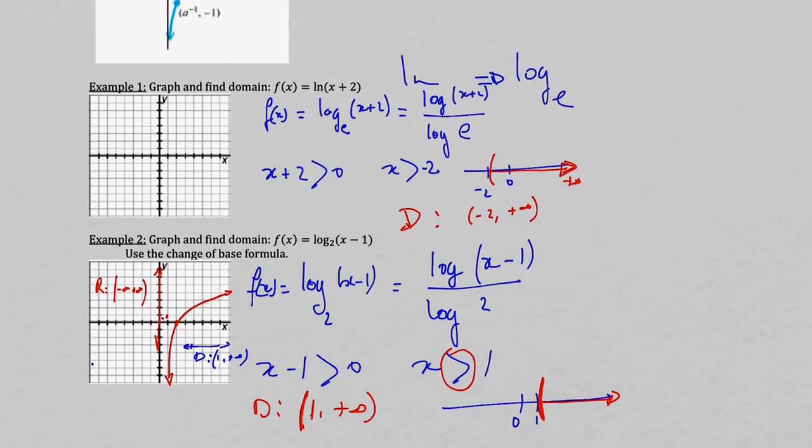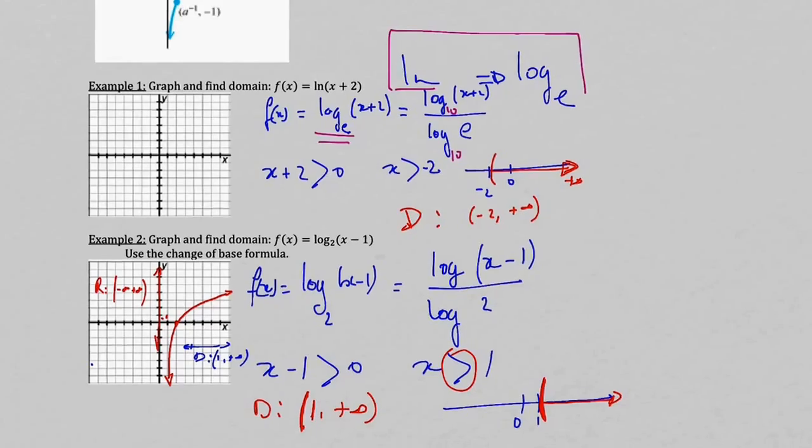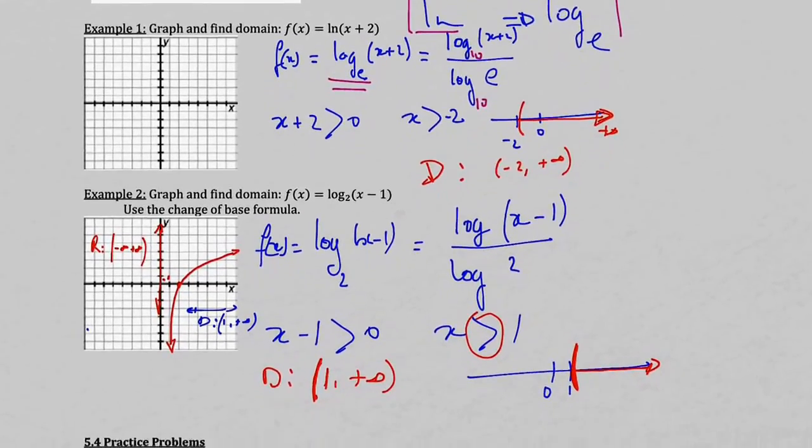The first thing I did for example number 1 was change the base, remembering that a normal ln is a log base e. That helped me change my base to base 10, and then I have log base 10 of e in my denominator. Following the fact that x plus 2 has to be greater than 0, I'm able to define the domain. And I do exactly the same.